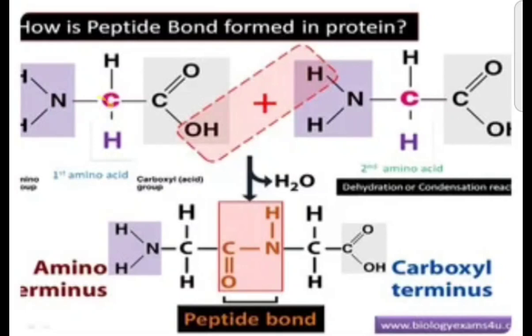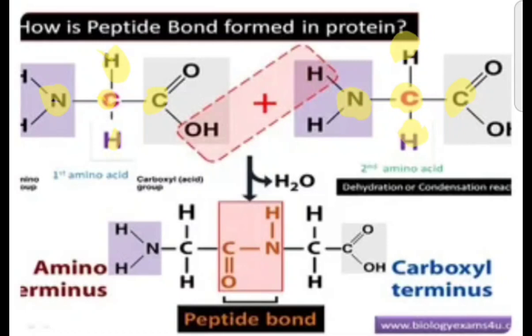At the very first, a central carbon surrounded by 4 different groups on all the sides: a carboxyl group, hydrogen, R chain, which could be anything, and an amino group on this side. In the same way, the second amino acid is like this: a central carbon, hydrogen, R chain, carboxyl group, and amino group.